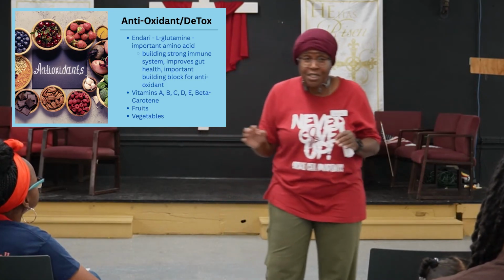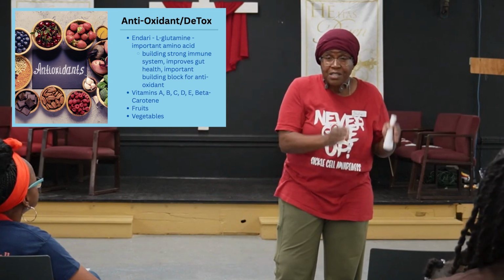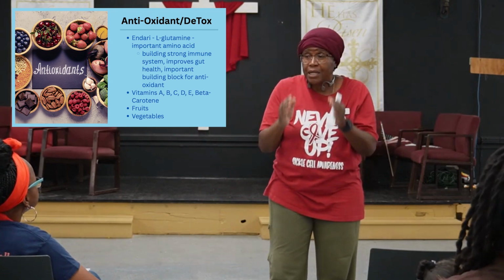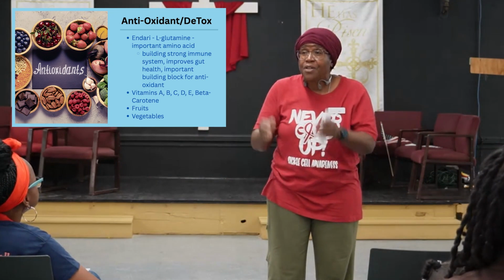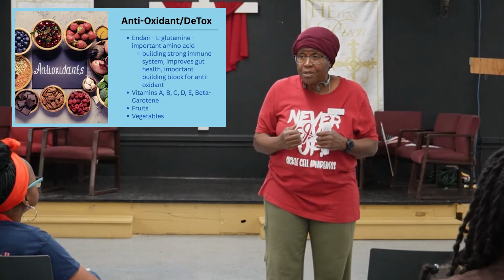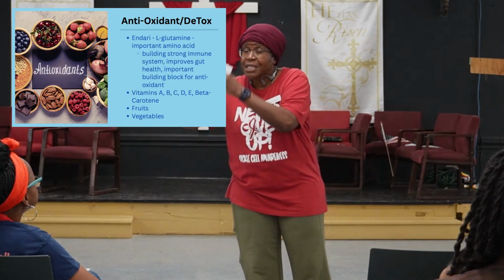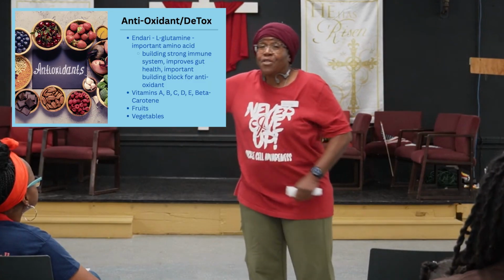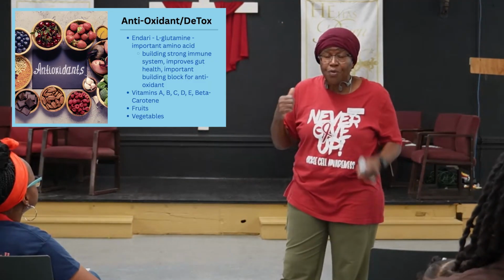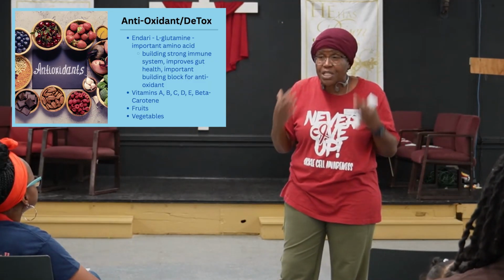So that's what you need to know. Endari is L-glutamine, and it's an amino acid that our bodies take up and form an enzyme that becomes an antioxidant. That's why, if you take it, you're taking glutamine.